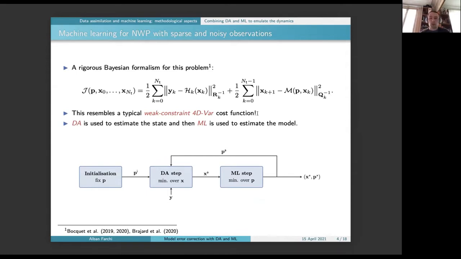Now, how are we going to minimize this cost function? The idea here is that we can use data assimilation to estimate the state of the system, and we can use machine learning to estimate the surrogate model. And we will alternate data assimilation steps with machine learning steps in a way which mimics a sort of coordinate descent.